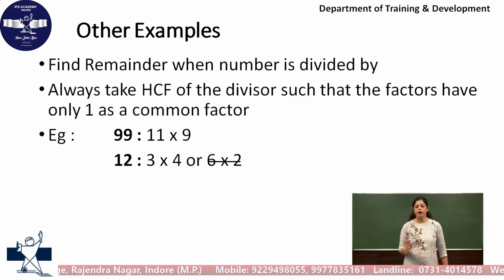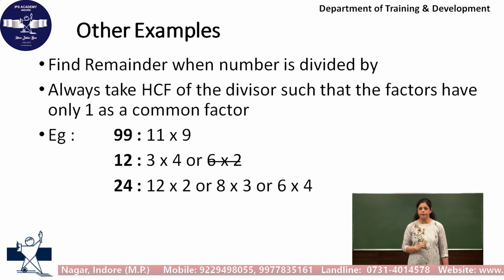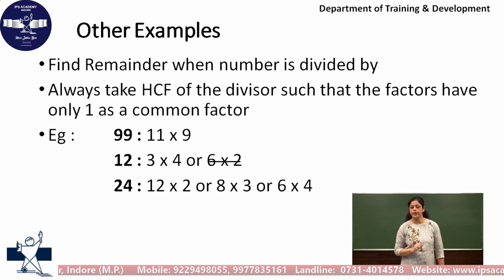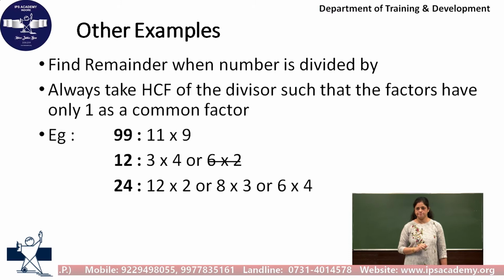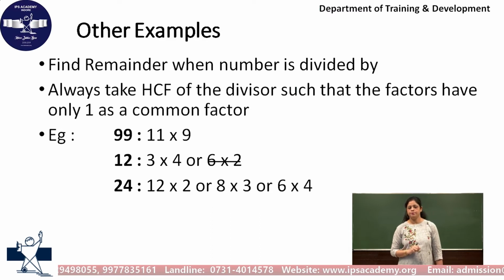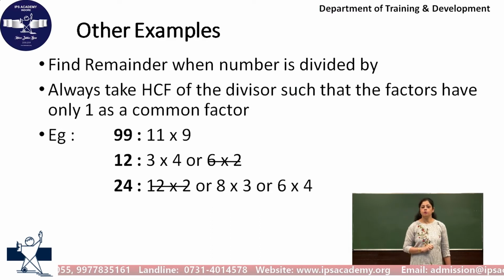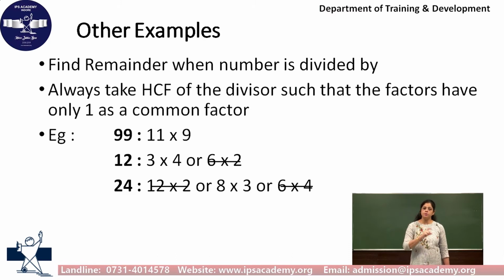Now, for example, 24. We have so many pairs for 24. So which pair are we going to select here? Yes, perfect. Because only those pairs have a common factor of 1. So we are going to perform the divisibility rule of 8 and 3 on the given number.